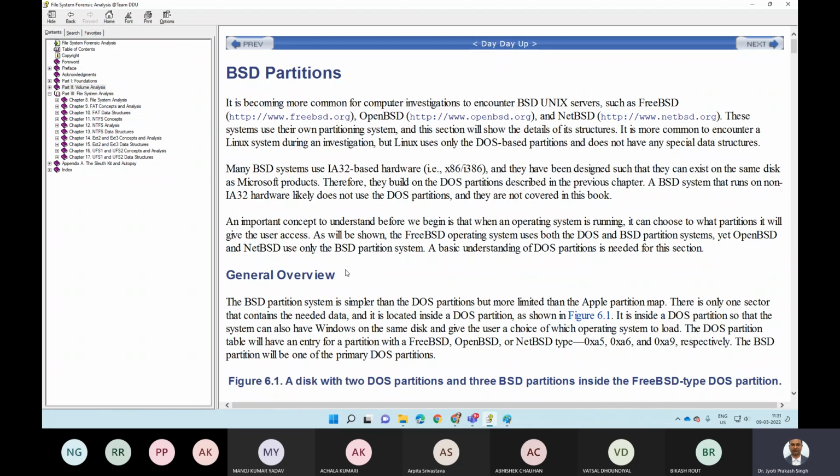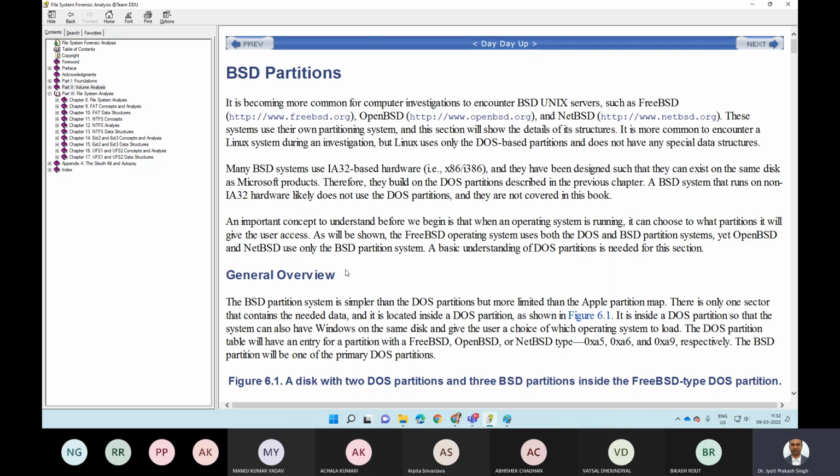As I told you, for the last 2 weeks we concentrated on disk analysis only, and how many volumes or partitions are in a disk. Now, given one partition, obviously there will be something about how things are organized in that partition. I hope I am clear about how the author has written it and how I am trying to explain it. We looked at the whole structure of the disk and how the partitions are laid out. Now if we concentrate on one partition, it will have a file system, which we discussed, NTFS or EXT.